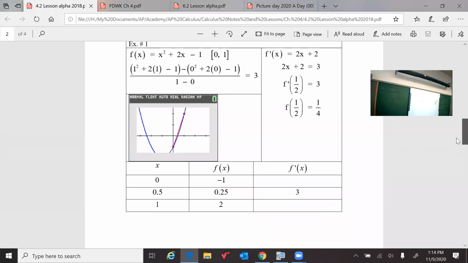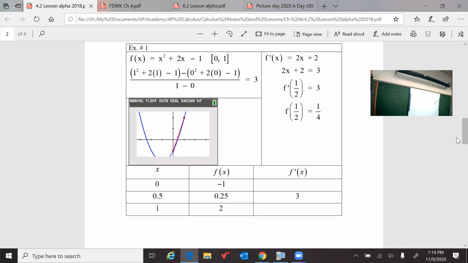Ready? So here is a graph in blue. Right? Here's the book. The interval is 0 to 1. Is that quadratic? So the derivative is going to be first degree.